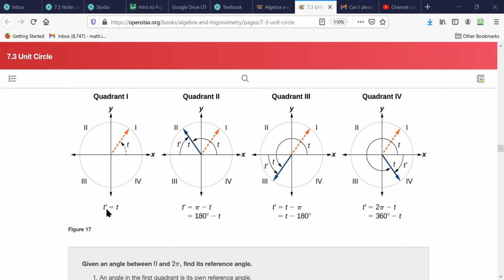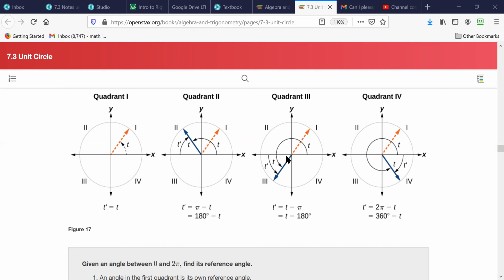book. So when your angle is in the first quadrant, then your reference angle equals your actual angle. When your angle is in the second quadrant, then you take 180, or pi, and subtract your angle t from it.